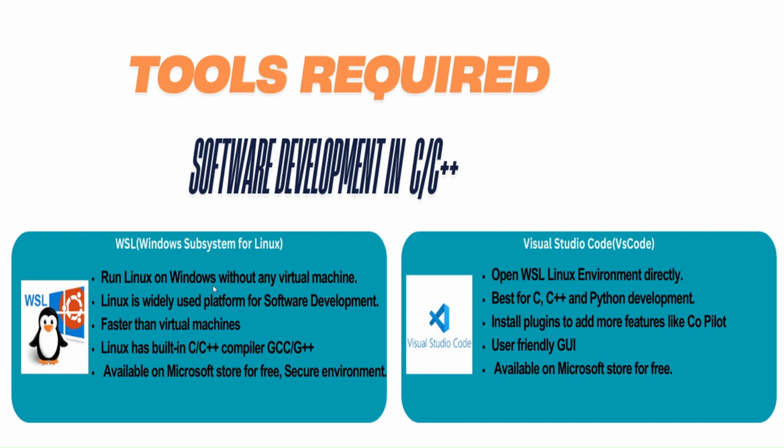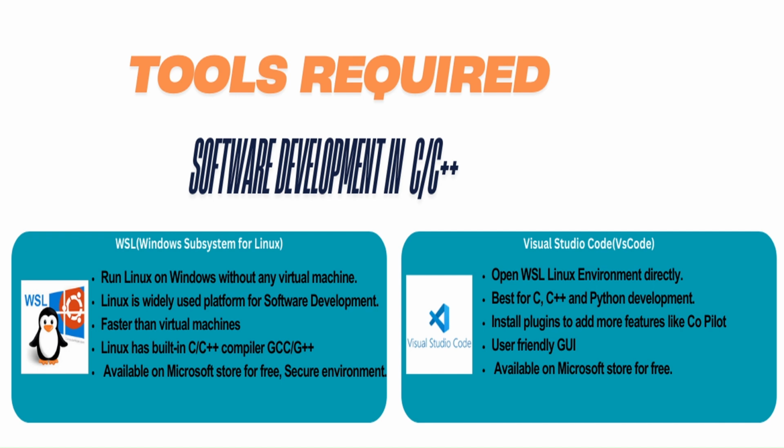The next one is that we will use Visual Studio Code as our IDE. Visual Studio Code is best for C and C++. You can also do Python, and it supports web development too.